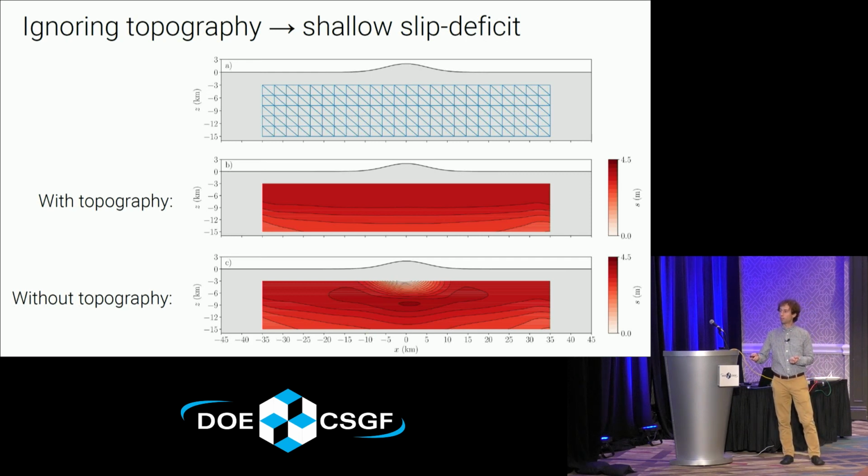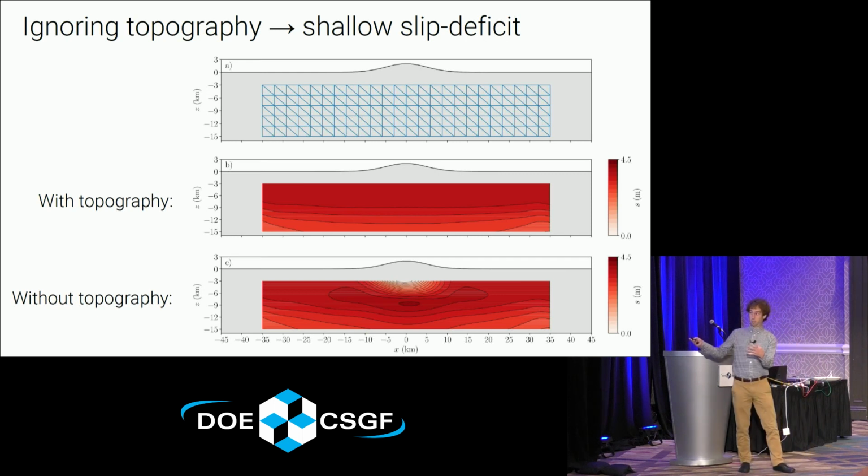This is a part of the fault where, even though in reality it slipped just as much as the rest of the fault, in our inversion, we're inferring that it slipped almost none in the center of this. It's almost 0 meters as opposed to 4. With a gradient, the closer you get to that hill. So what that's saying is that, at least in this simplified problem, I'm going to move on to some real-world examples. Ignoring topography creates an artificial shallow slip deficit.